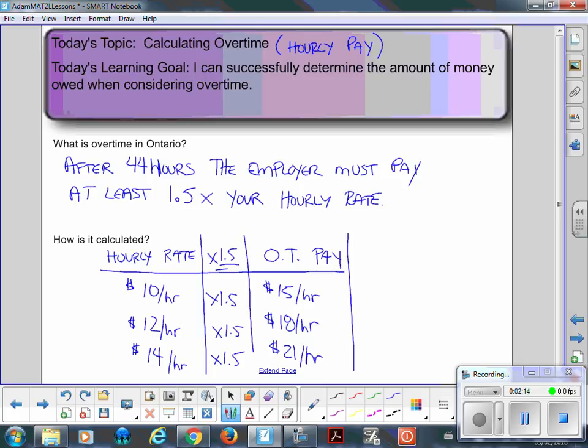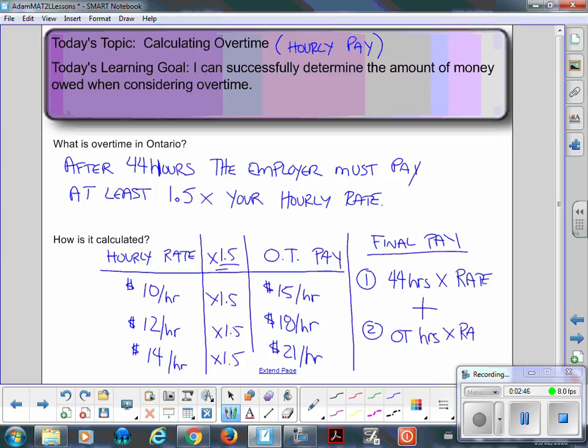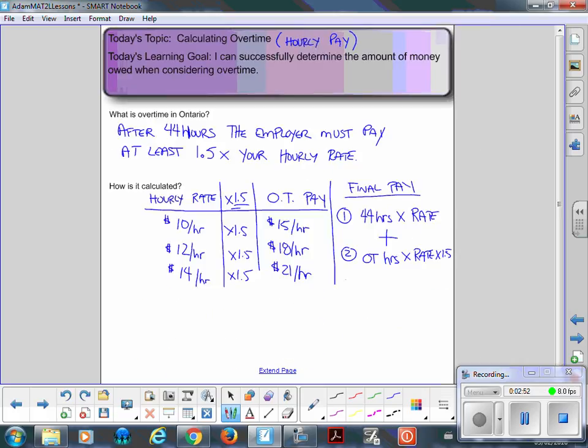For your final pay, what you'll do is, number one, 44 hours multiplied by your rate, plus, number two, OT hours times rate times 1.5, equals your final pay.